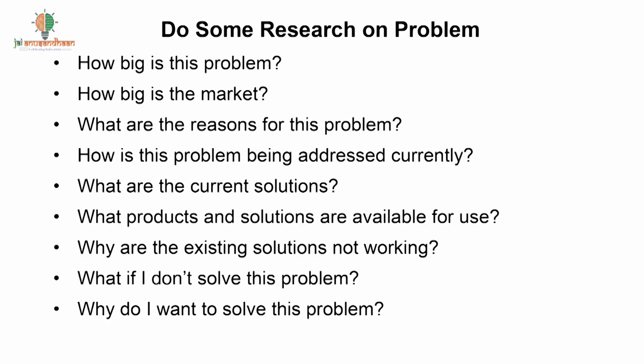So when we say do some research on a problem, without thinking about a solution, just take a problem and look at various aspects of it. For example, I want to see how big is the problem, how big is the market for this particular problem, and what are the reasons for this problem to exist.